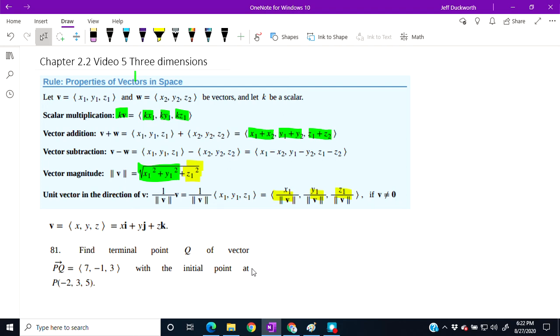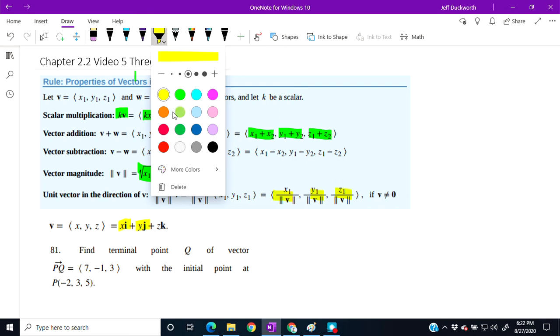And the last thing, as far as new notation, the vectors for 3 dimensions, if we break them up into the forms we had i and j before, now we've added a k.